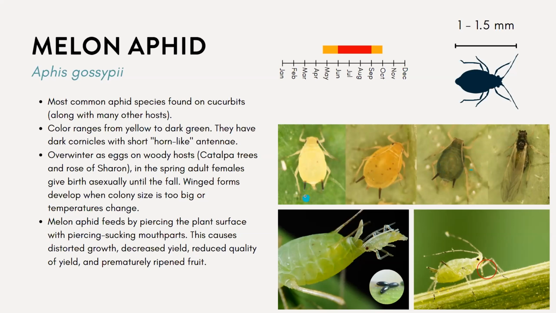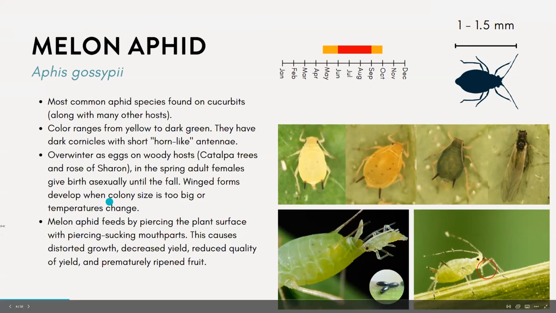Like all other aphids, they have these tailpipe structures called cornicles. Unlike other aphids whose antennae are long and slender, the melon aphids have horn-looking antennae, which is an interesting characteristic. Aphids overwinter in the egg stage on woody hosts.